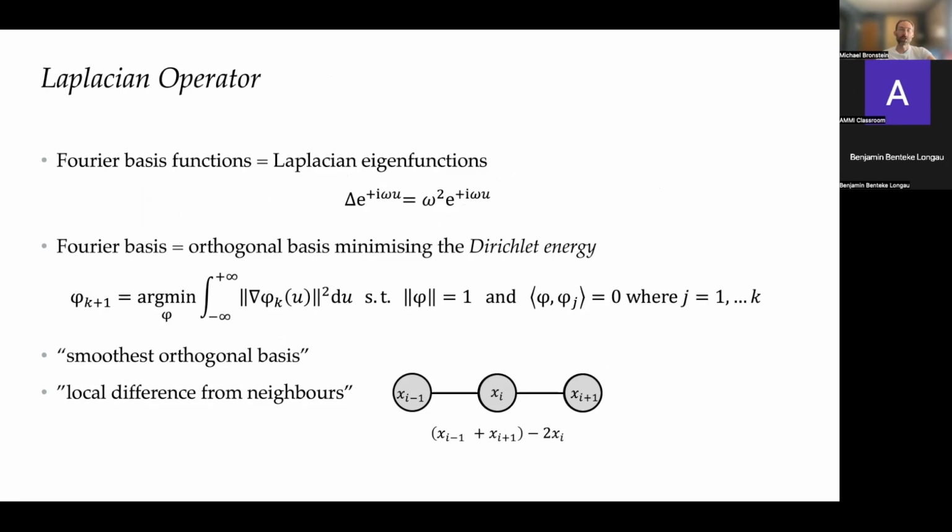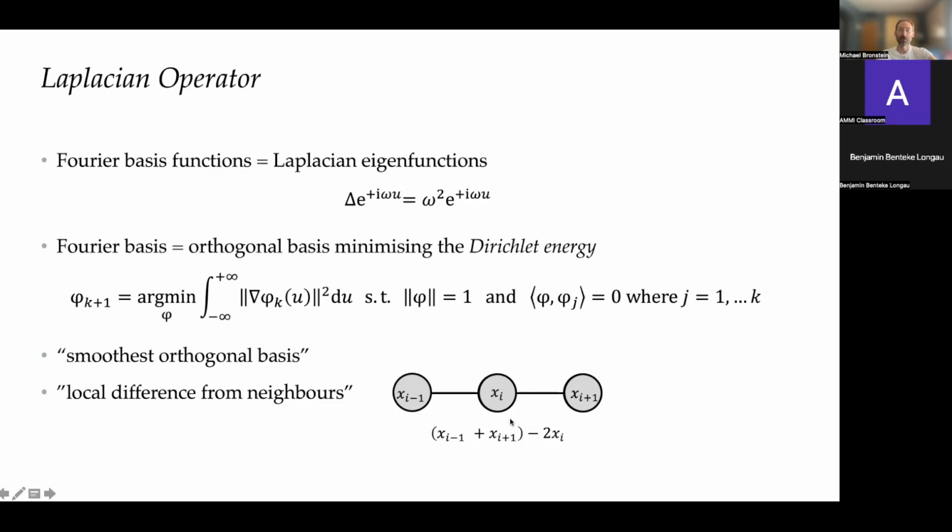The Dirichlet energy is the norm of the gradient of the function. It tells us how smooth the signal is. So you can interpret the Fourier basis as the smoothest orthogonal basis with respect to this function. You can also interpret it as the local difference from your neighbors, right? If you write the discrete version of the Laplacian on a grid, right?